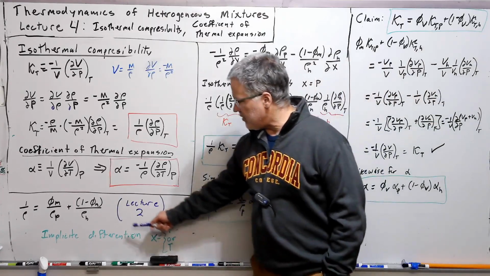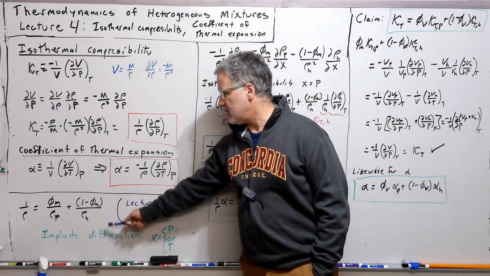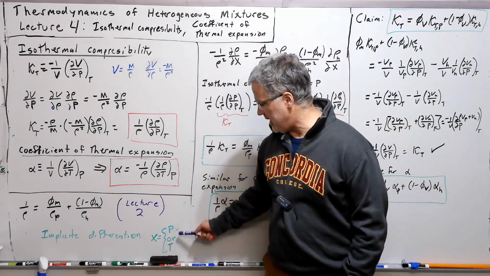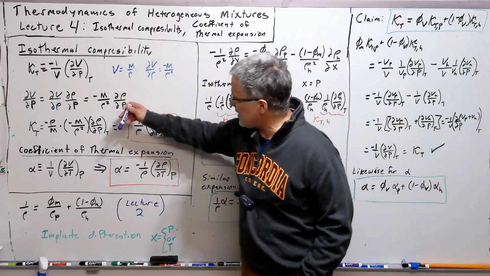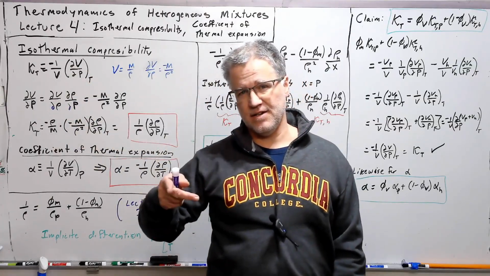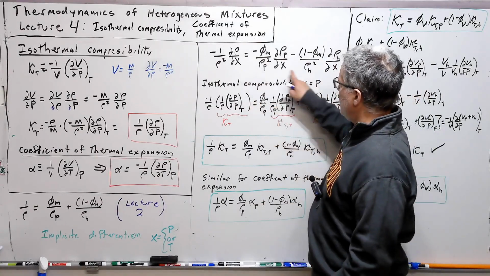What we're going to do now is apply implicit differentiation to this equation, and we'll differentiate with respect to x, and x could be either P or T. You notice how similar these are, just a difference of a minus sign and swapping out T and P. So let's just do it all at once.